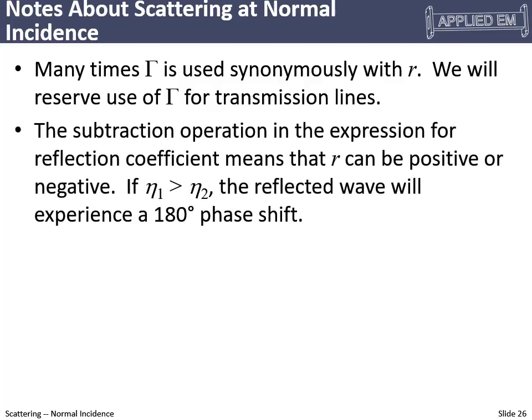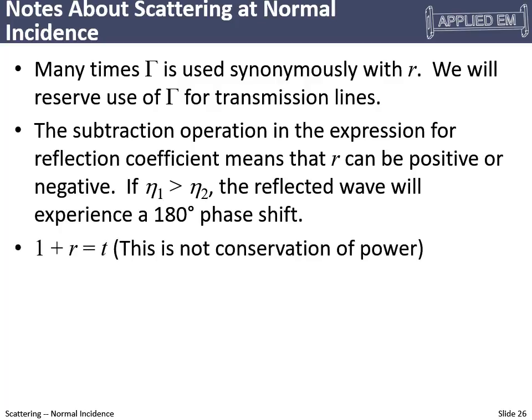We saw that in our equation for the reflection coefficient, there was a difference. And that means if the impedance in medium 1 is greater than the impedance in medium 2, our reflected wave will get a 180-degree phase shift relative to the applied wave.